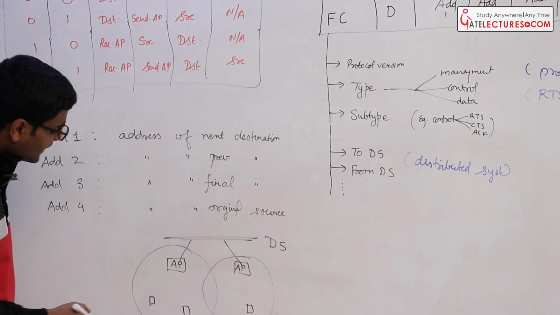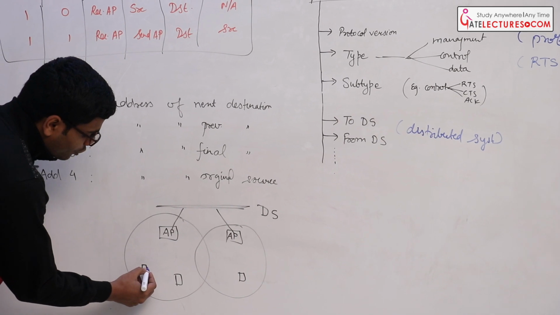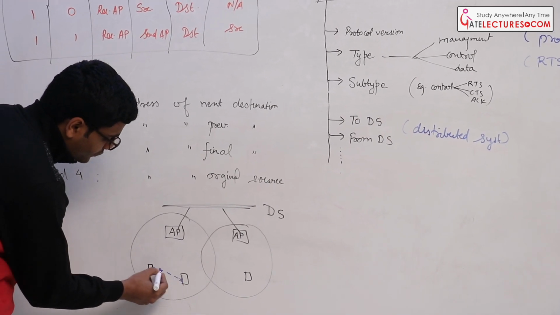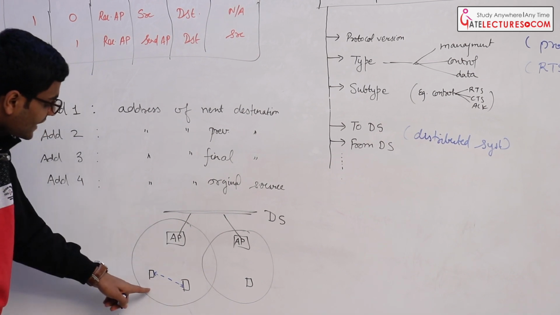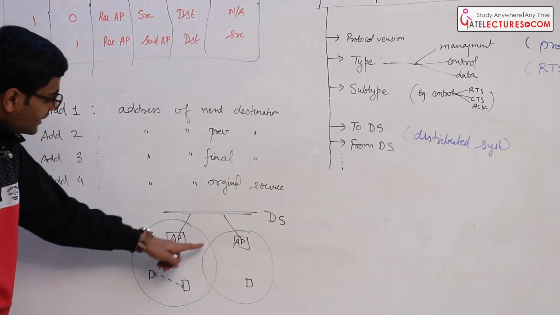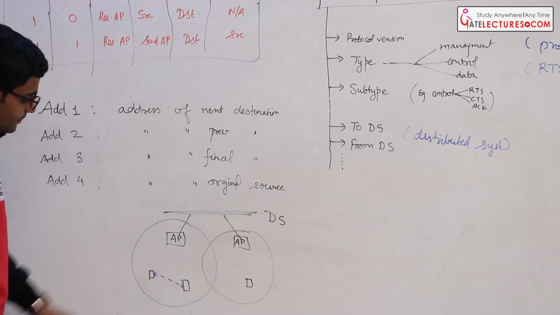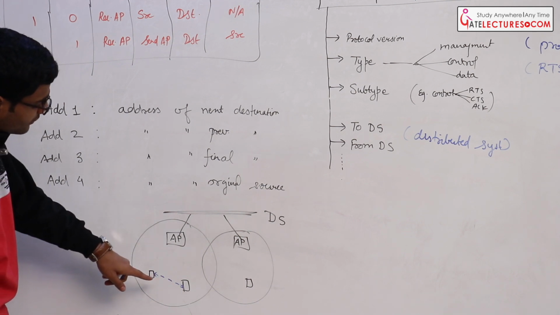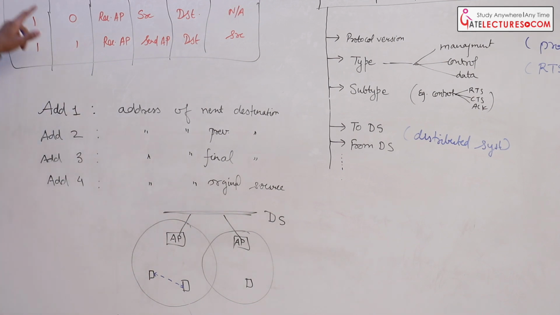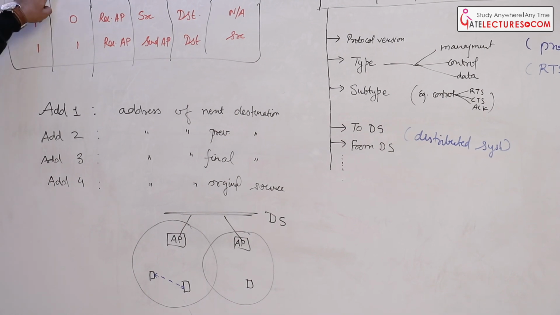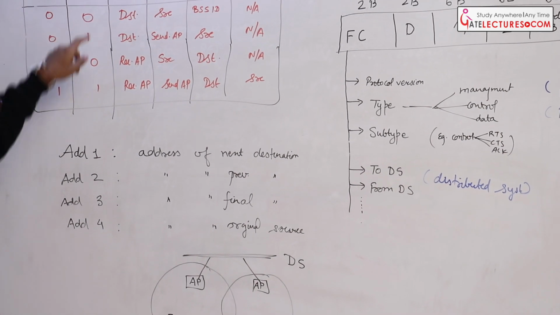It could be the case that this station wants to communicate with this station. It can communicate directly because it is in the range of its BSS. So the frame need not go to the distributed system. In this case, both these bits are going to be 0. It means the frame is not going to the distributed system and is not coming from the distributed system.